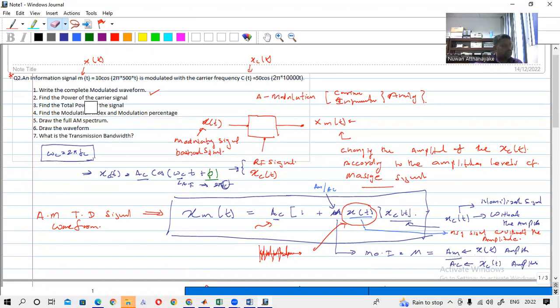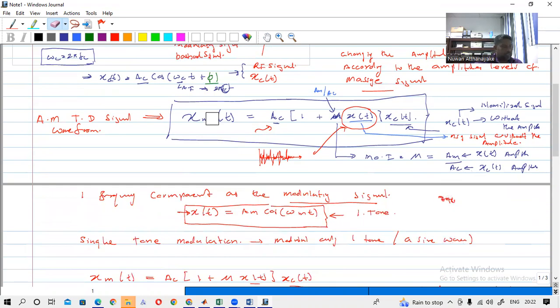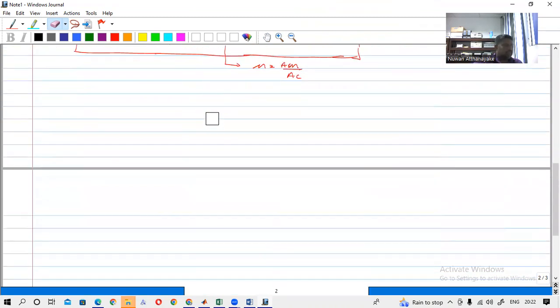So how do we find the power of the carrier signal? You know that the carrier signal is a sinusoidal signal. So here we are going to find the power of a sinusoidal signal.